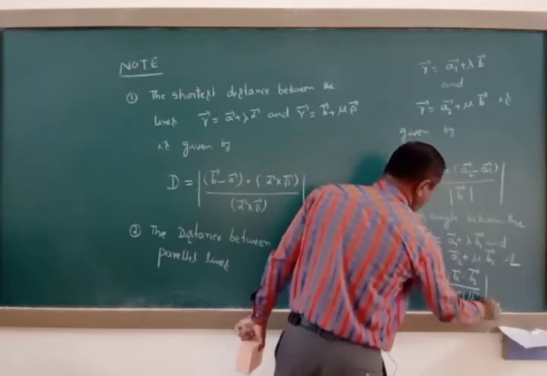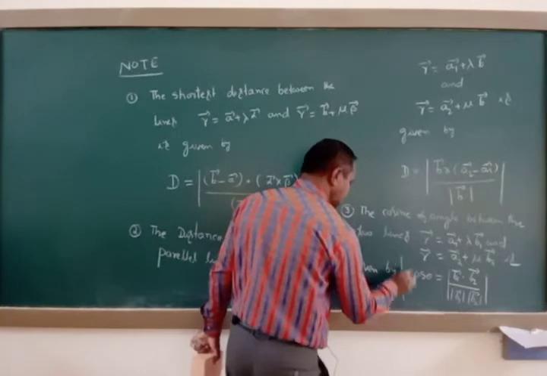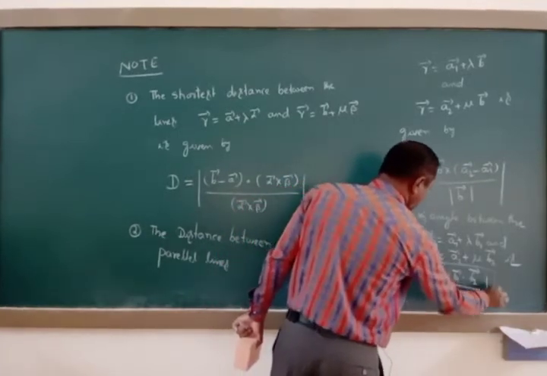This is the formula to find the cosine of the angle between the two lines.